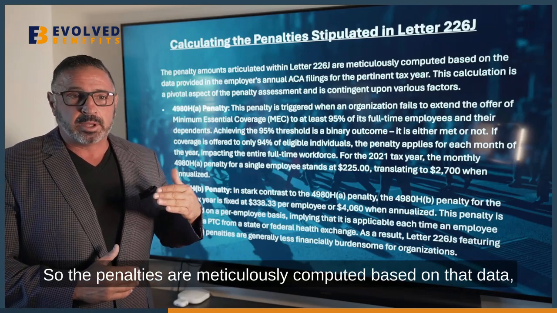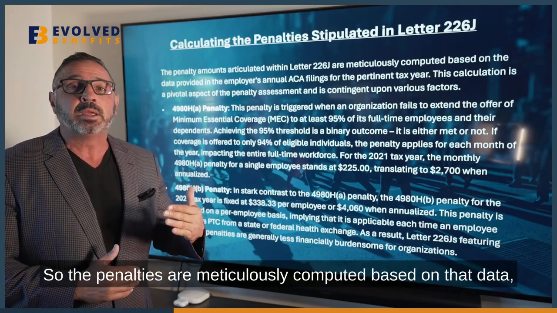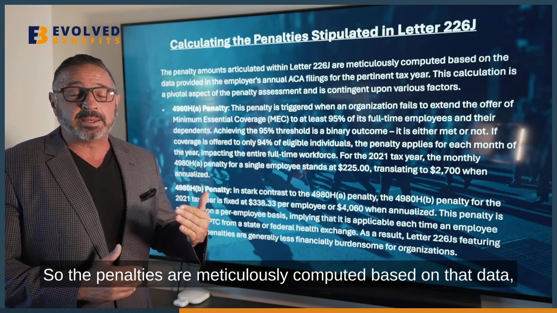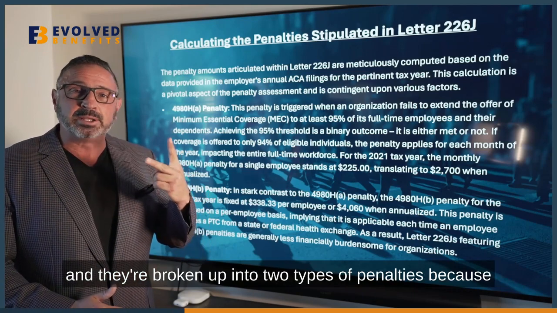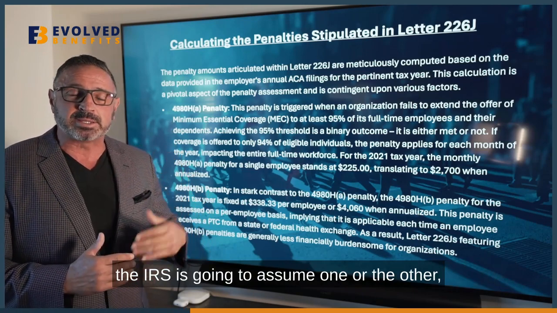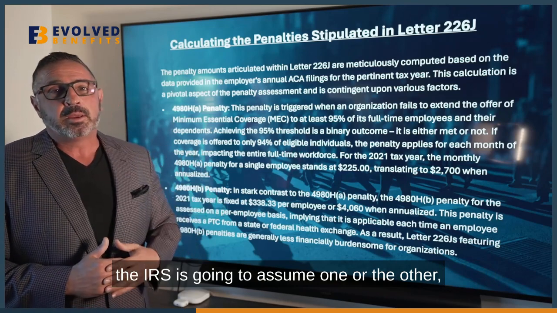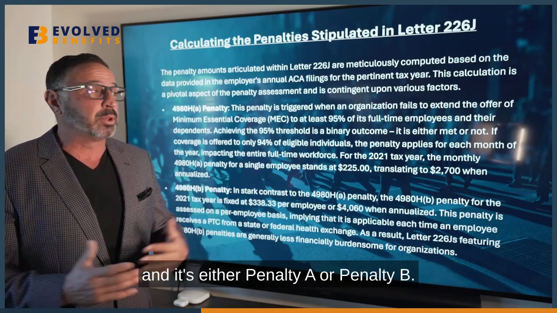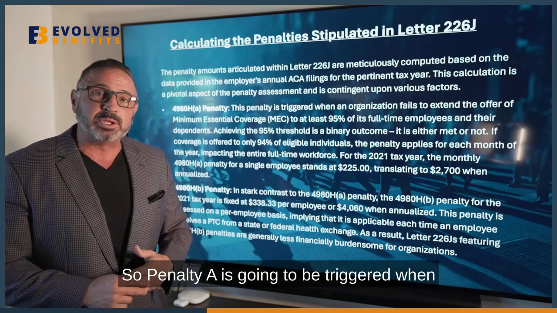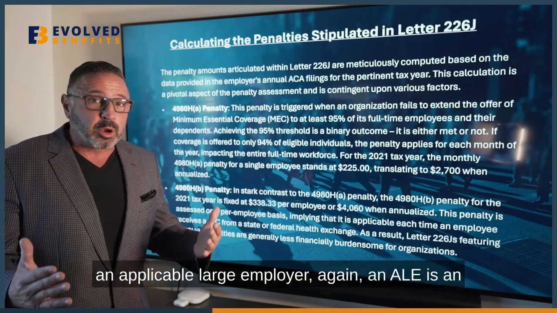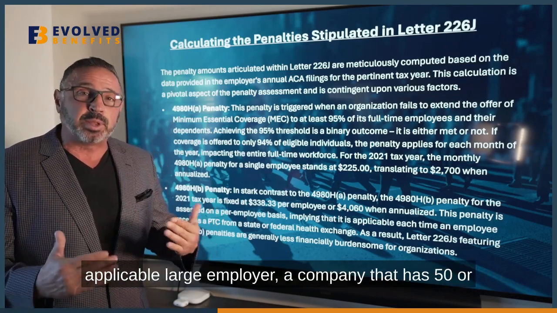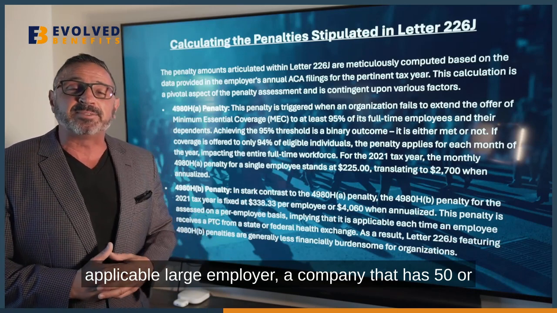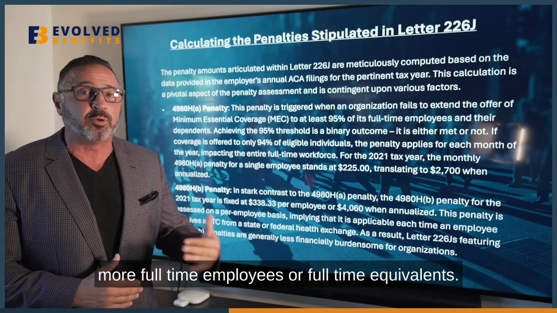So the penalties are meticulously computed based on that data, and they're broken up into 2 types of penalties because the IRS is going to assume one or the other, and it's either penalty A or penalty B. So penalty A is going to be triggered when an applicable large employer, again, an ALE is an applicable large employer, a company that has 50 or more full-time employees or full-time equivalents.